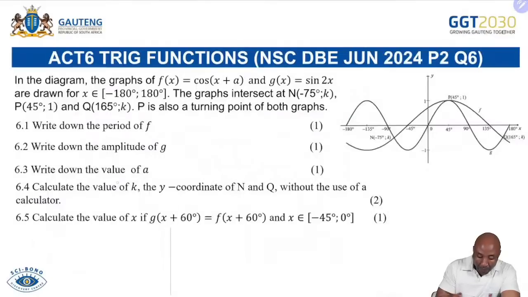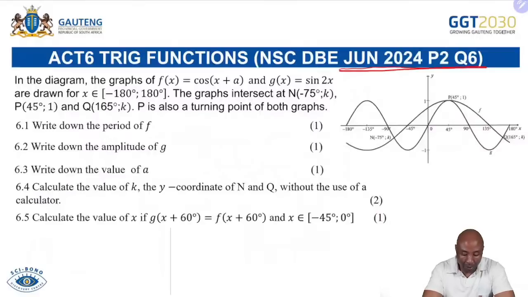Check from that. We have this activity, you will do it when you get home. You can take a photo of it, but you are able to see which year it comes from. You can do it later on. How to determine the period, how to determine amplitude, our value of A, as well as the coordinates.